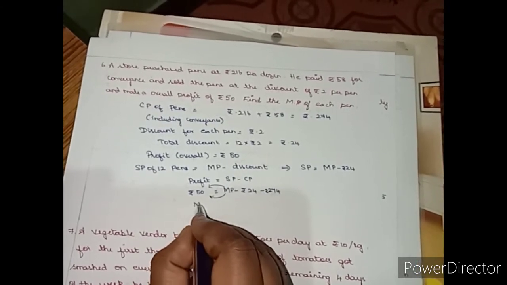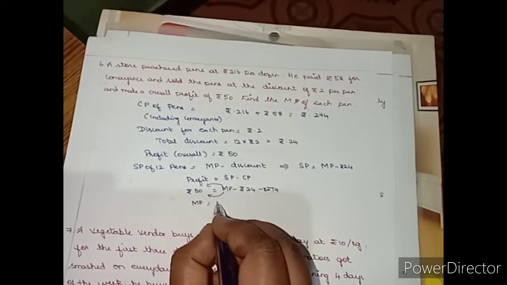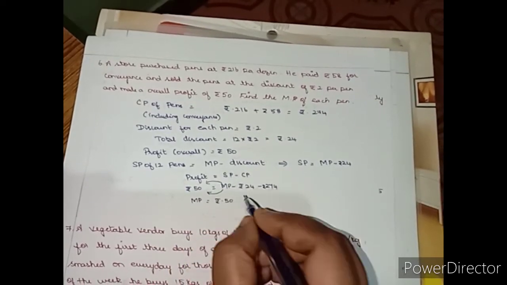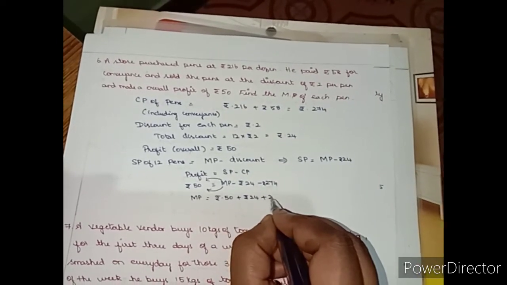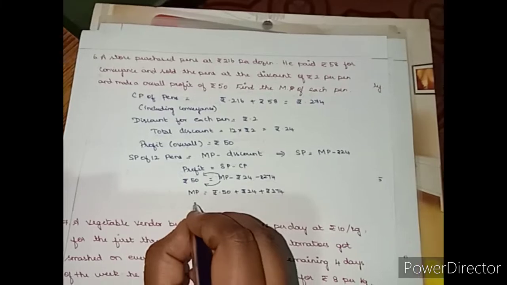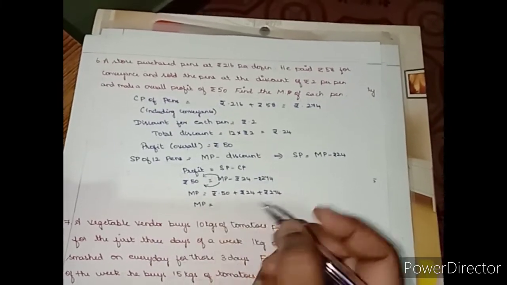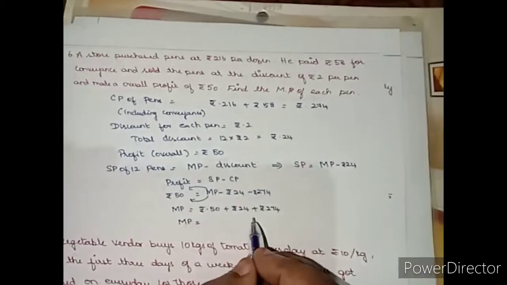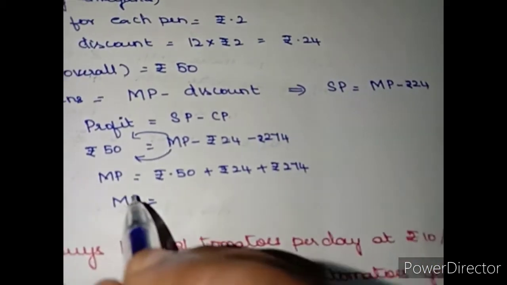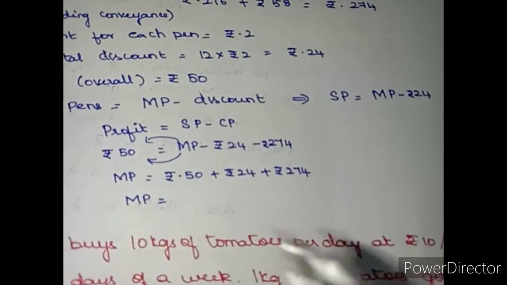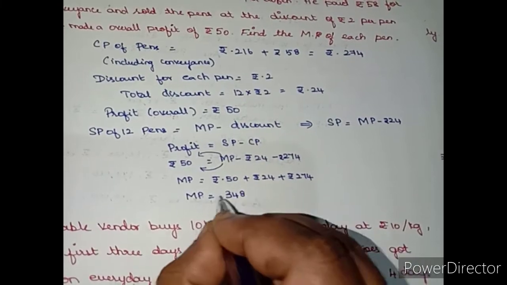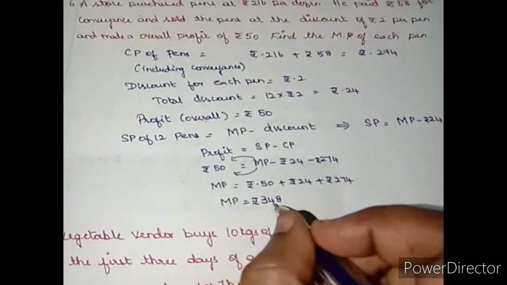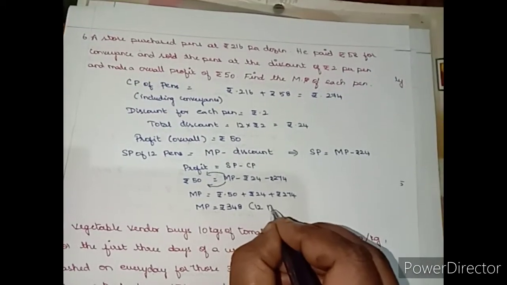Correct. So we have to interchange this. When you take MP this side, this will come here. Rupees 50 plus rupees 24 plus rupees 274. If you add all these things, you will get the MP. Okay. So 274 plus 24 plus 50. It is 348 rupees is the MP of 12 pens. But individually we have to find.